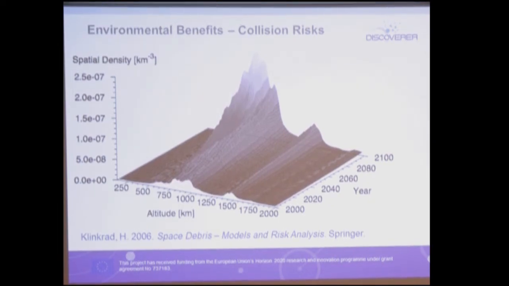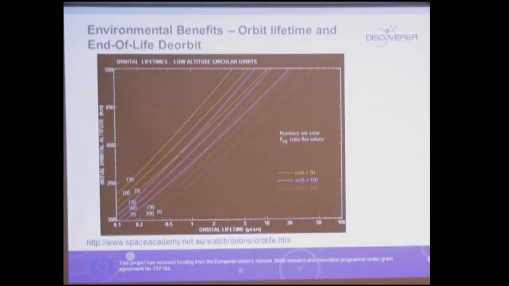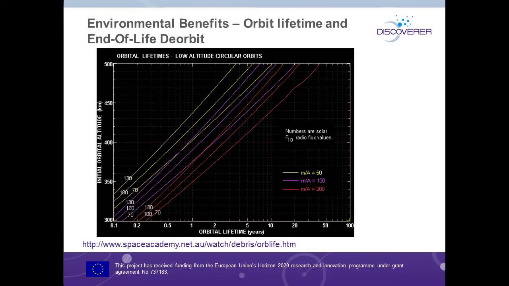Not only that, but if we consider our VLEO satellites at the end of their lives, I was trying to find a good figure which showed very low Earth orbit deorbit times as a general thing, which is quite hard to find. But basically, certainly for the CubeSat we're launching as part of the DISCOVERER program, it's on this line here.